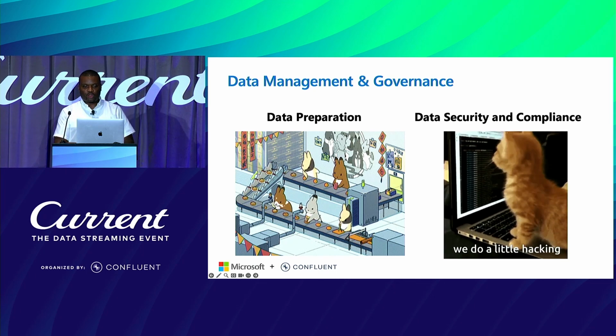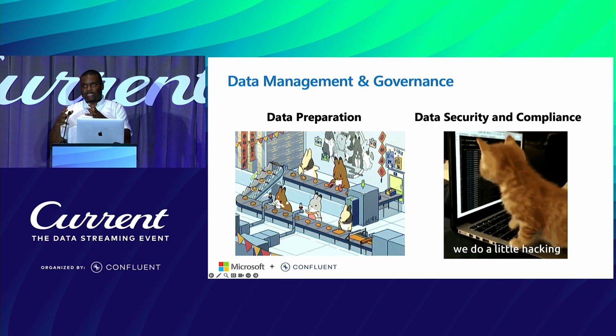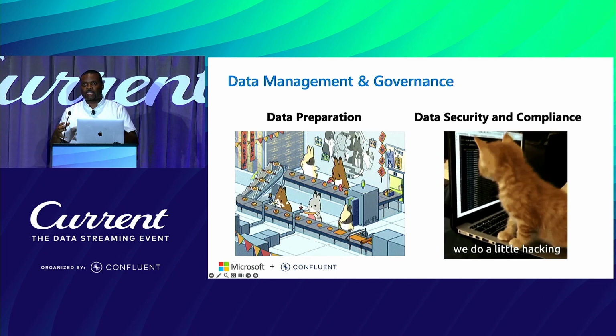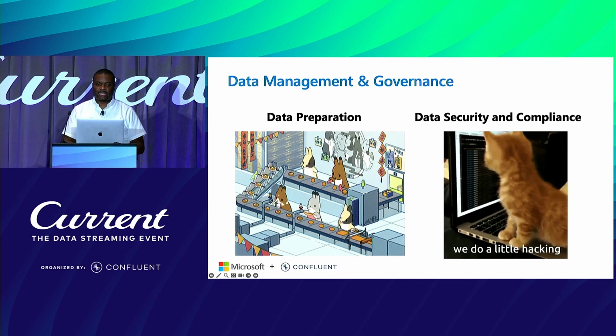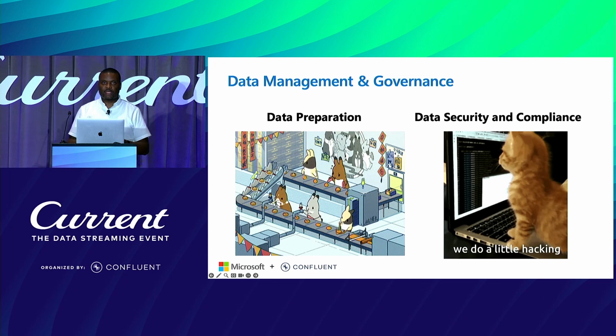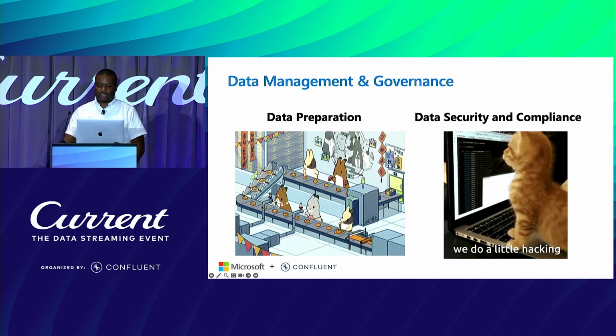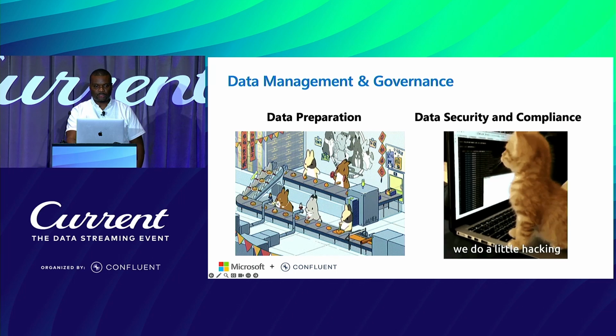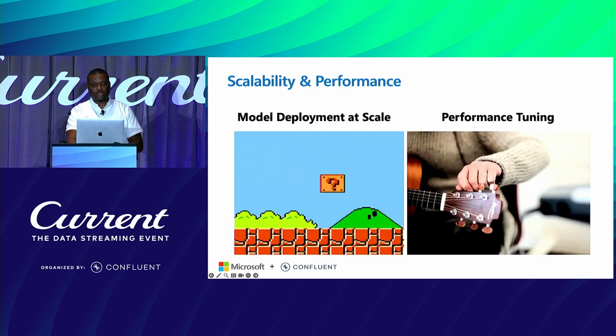With Confluent Cloud, we don't really have that issue because the tools and the infrastructure and the capabilities that Confluent Cloud provides allow us to handle this data wrangling in a very simple way. It also simplifies the compliance and the security aspect of it. So this is another challenge that you're going to overcome.